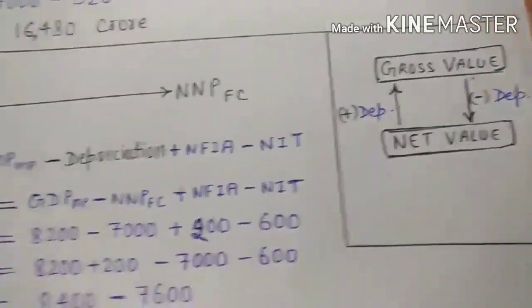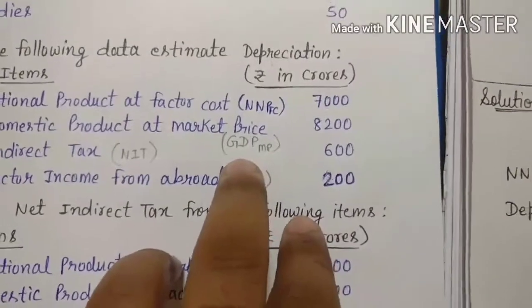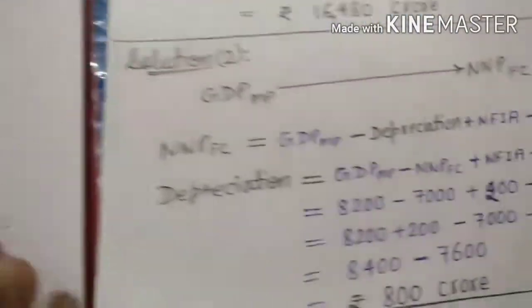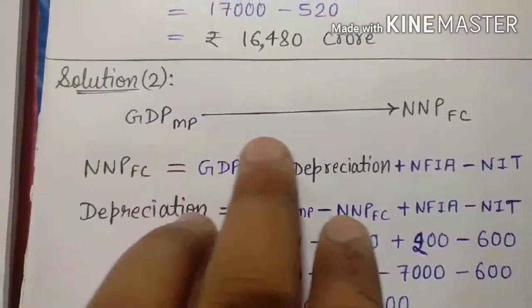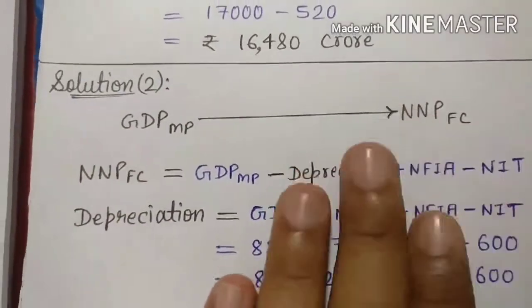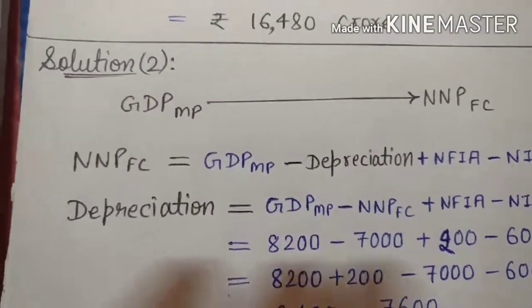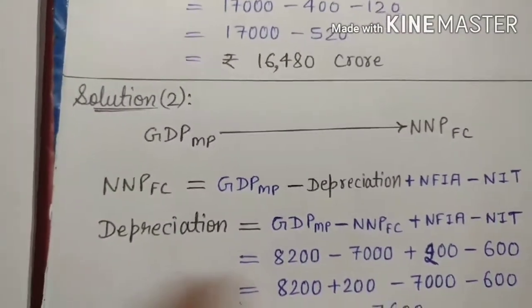What is given to us here? NNP at FC and GDP at MP. So we will convert GDP at MP into NNP at FC. Though both are given, our concept is to find out the depreciation, so we'll try to find the formula of depreciation with the help of this.